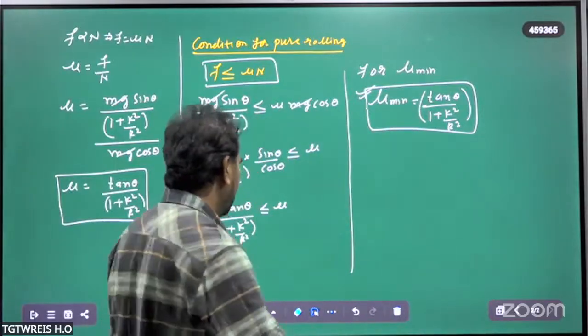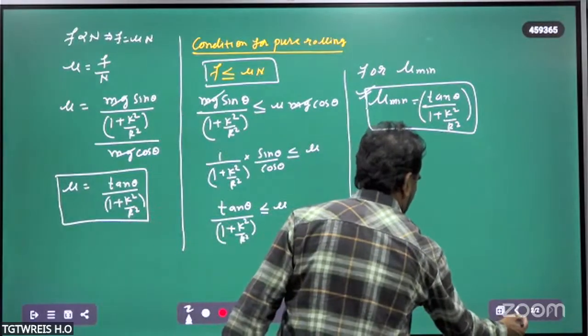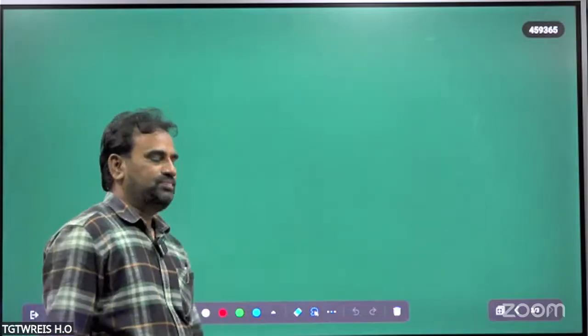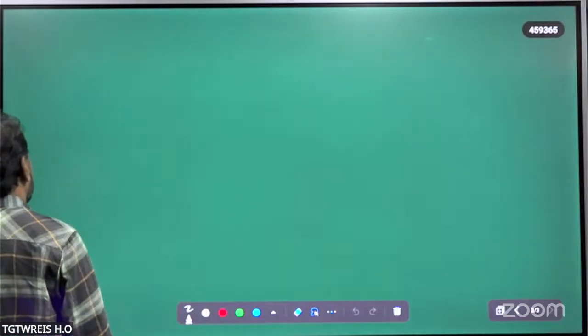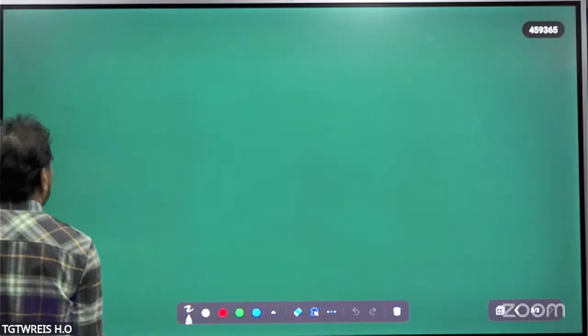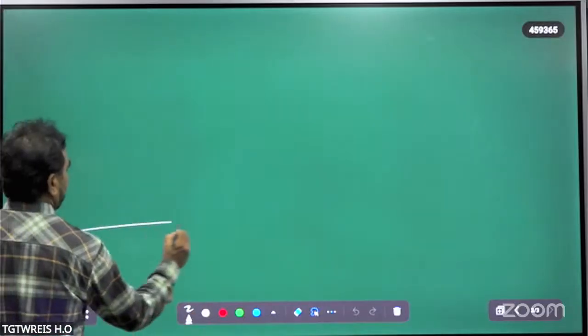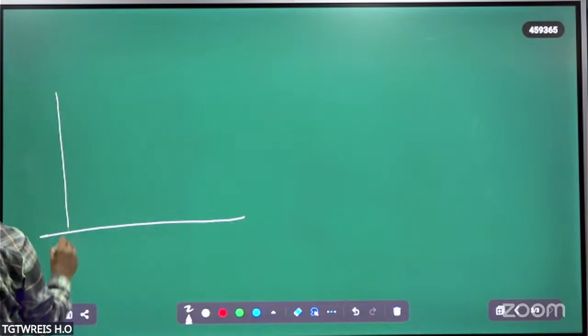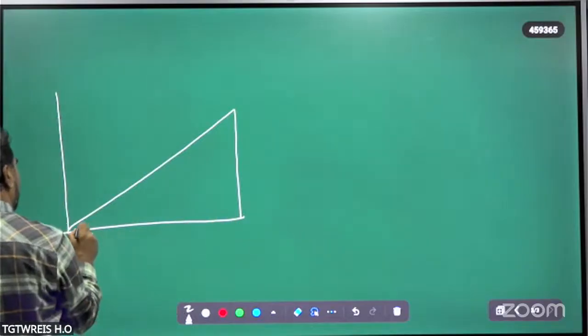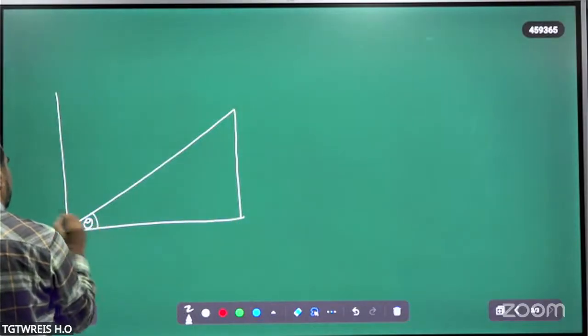Okay. Next, based on this concept, see some problems. Suppose consider an inclined plane. This is an inclined plane of inclination theta.